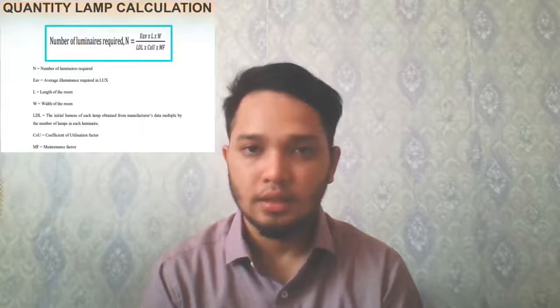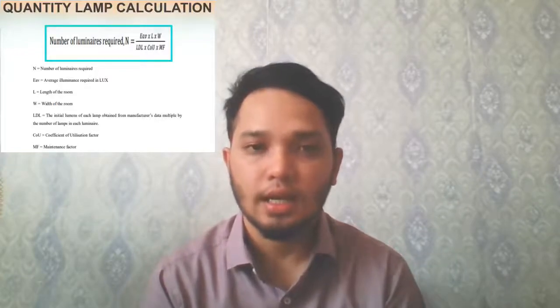Okay, so to perform this calculation, many factor, coefficient, lamp lumen data, and therefore the quantity must be gathered. For EAV, COU, and LDL, we refer to their own table, their own JKR and IES standard to get the value. Okay, for MF value, we use 0.8 in this project.